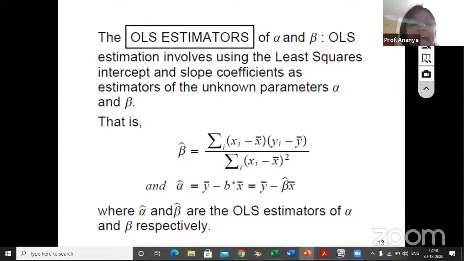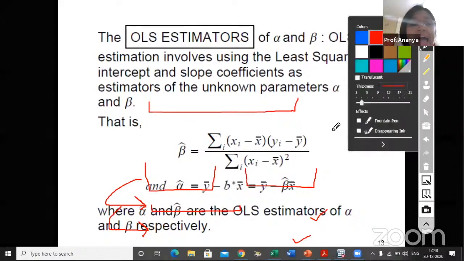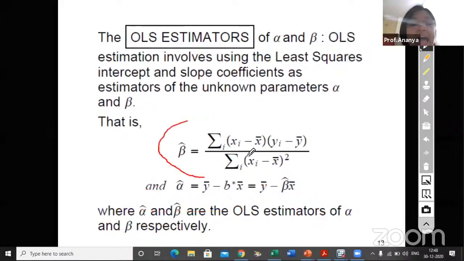So estimator is nothing but an equation. It simply means that when you are estimating the slope of the line, you're using this particular formula: beta hat is equal to sigma xi minus x bar into yi minus y bar upon sigma xi minus x bar square.